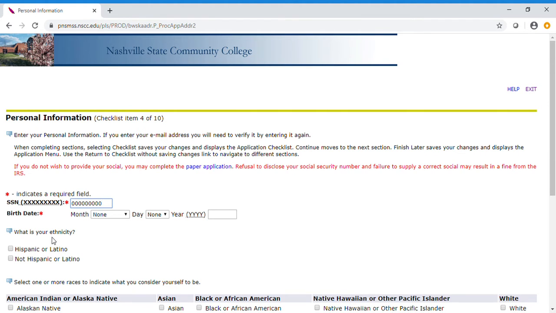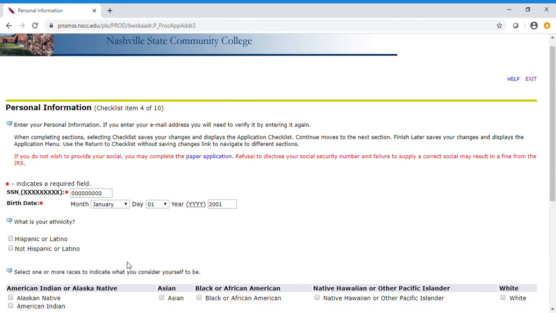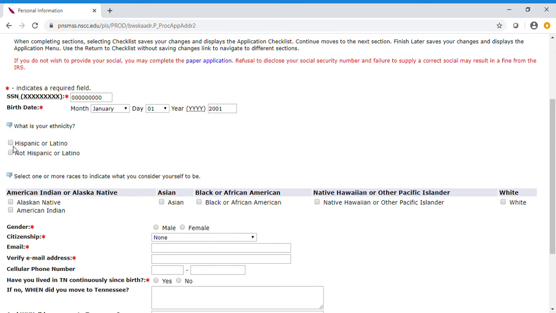Okay, so got to throw in your birthday. Just going to put in a dummy birthday for that. And right here is where you would enter Hispanic or Latino ethnicity and your racial background.